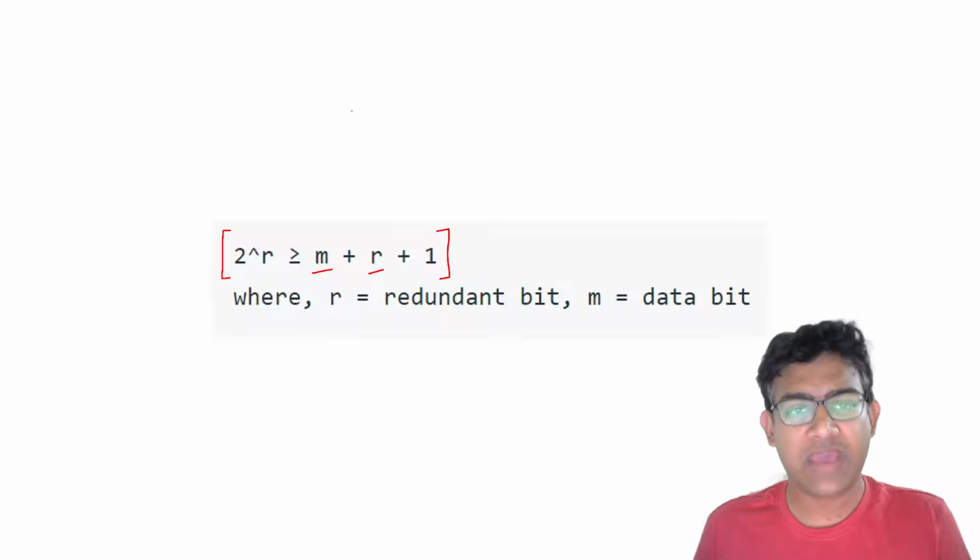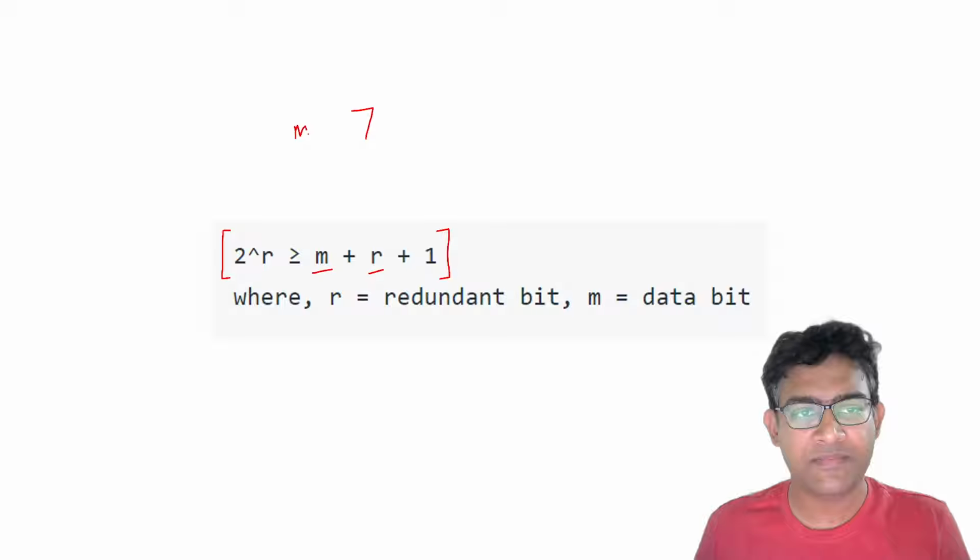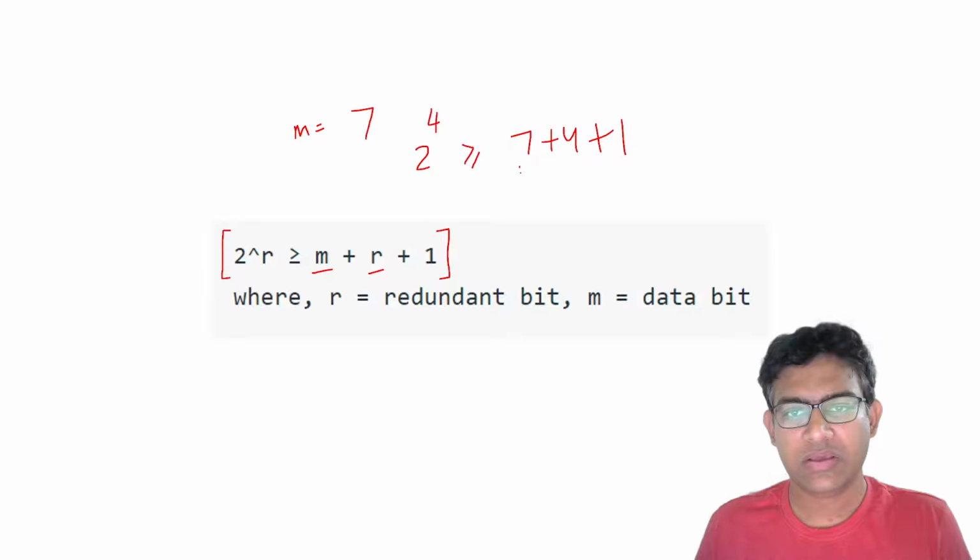So for example, if you have 7 bits of data, so m equals 7. Here R should be 4 because 2 to the power 4 is greater than or equal to 7 plus 4 plus 1, which is equal to 12.